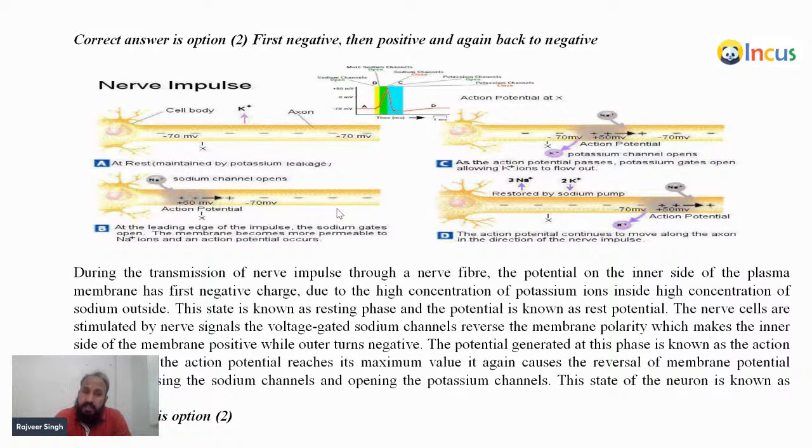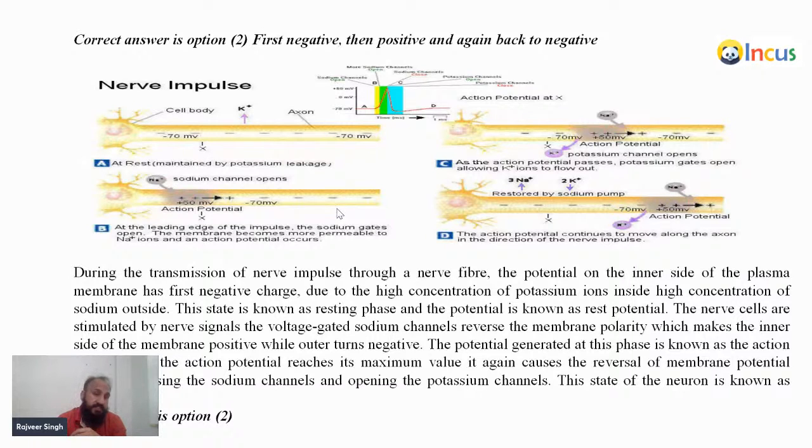During the transmission of a nerve impulse through a nerve fiber, the potential on the inner side of the plasma membrane is first negative, due to a high concentration of positive potassium ions inside and a high concentration of sodium outside. This state is known as the resting phase and the potential is known as the resting potential.